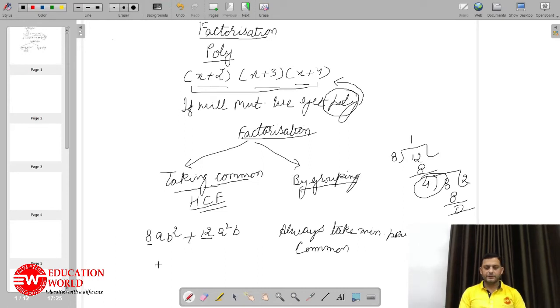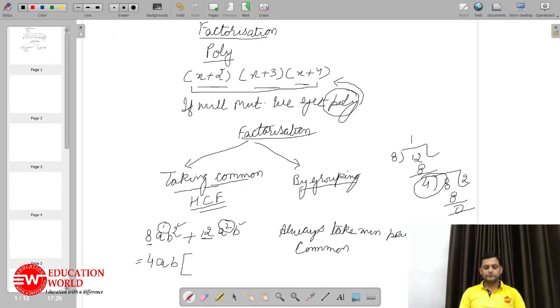So 4 is common from the numeric part. And see here it is power 2, here it is power 1. Wherever there is no power, it means 1. So 1 is less, so you will take a common. The same is the case for b. b has power 2 here, and power 1 here. So 1b you will take out.